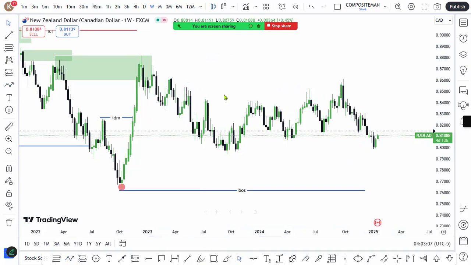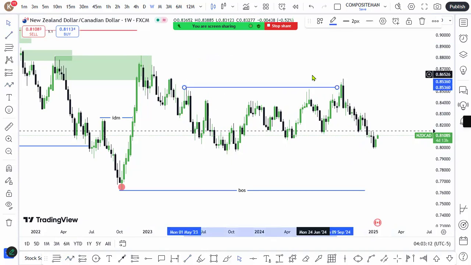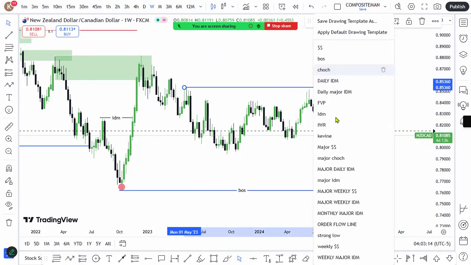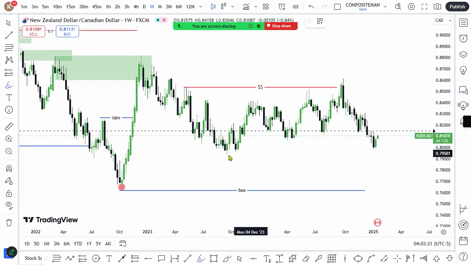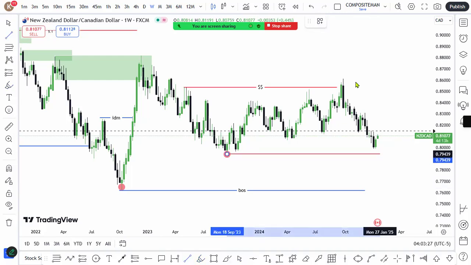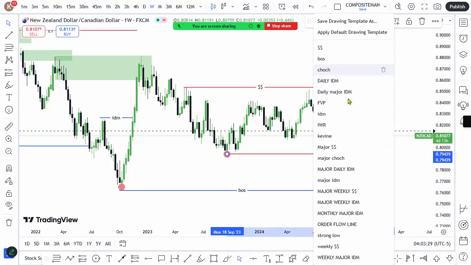So what we can see here, at least some form of liquidity was taken out. Right, taken out, and this was an internal structure, an internal low, and probably we'll want to see this market again push lower and break this internal BOS.